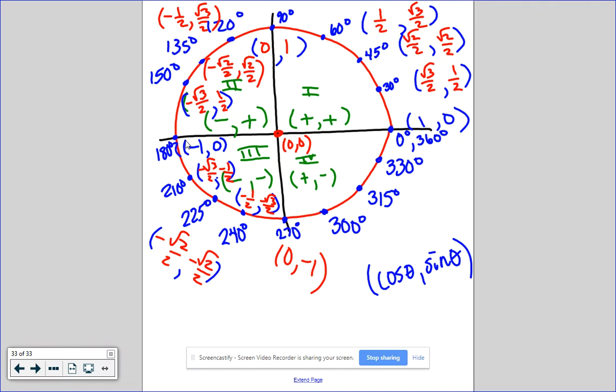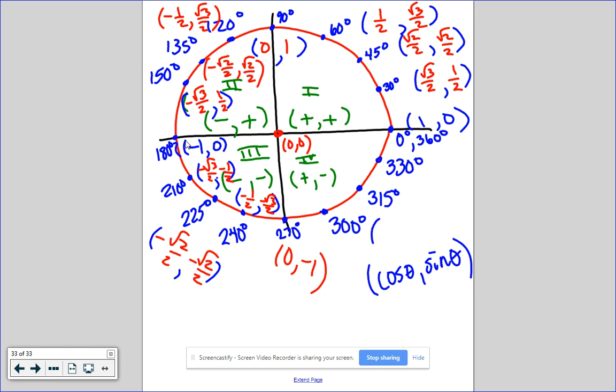So I have 3 values left. 300, 315, and 330. So 300 is how far from 360? 60. So what angle does it pair with? 60.